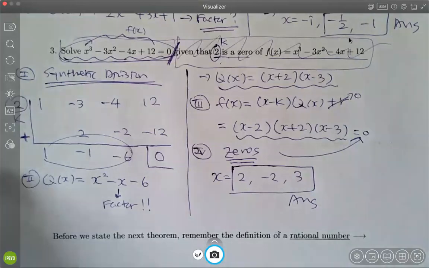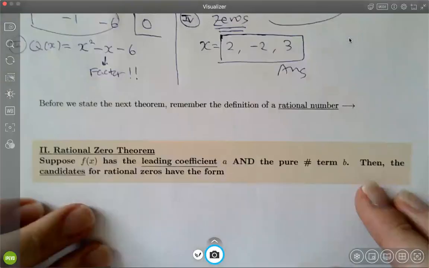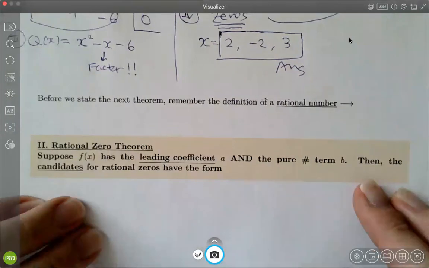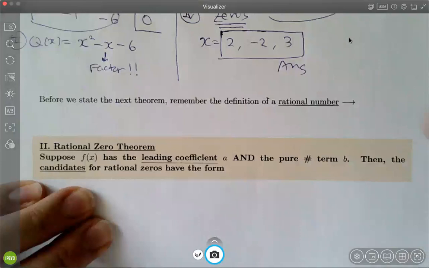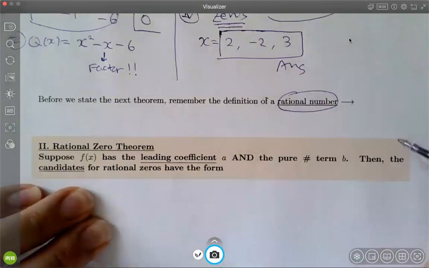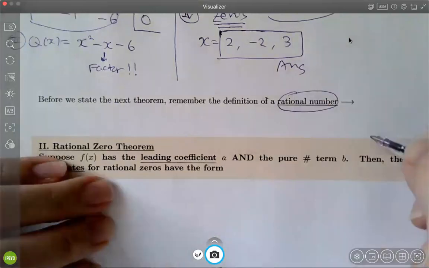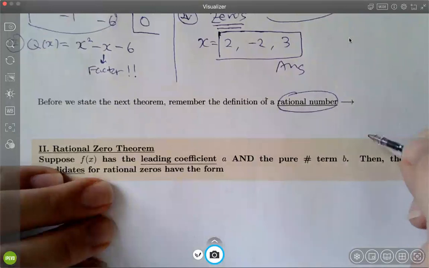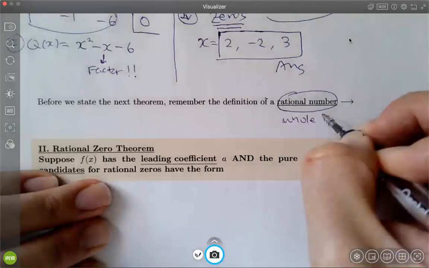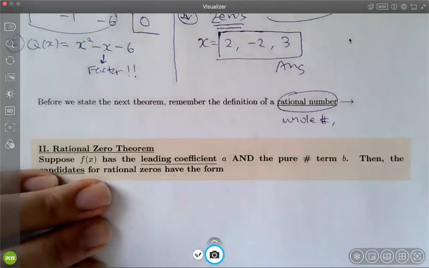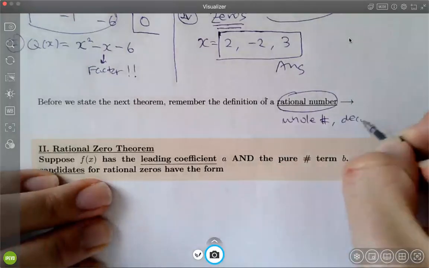Okay, so now, before we state the next theorem, remember the definition of a rational number. I hope all of you have heard the word rational number before. So the rational numbers include whole numbers, and then decimals and fractions.